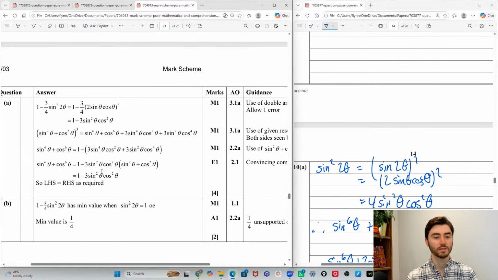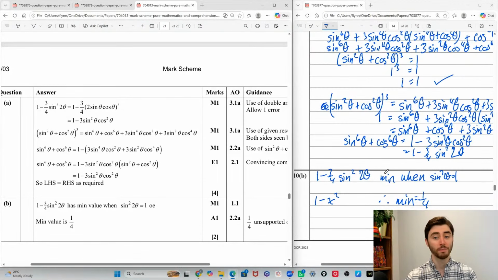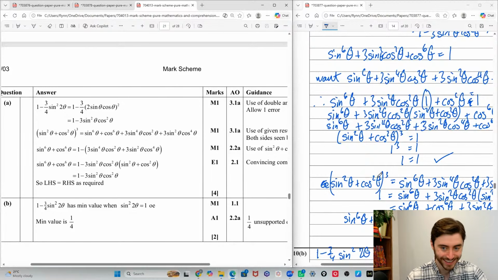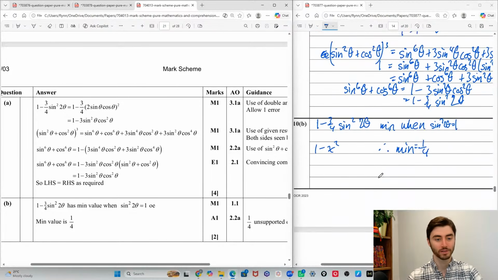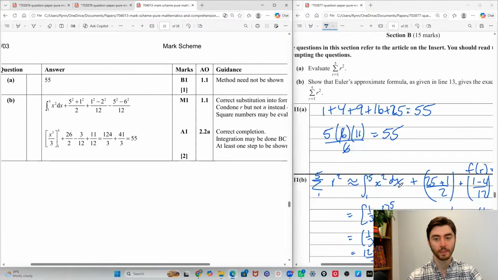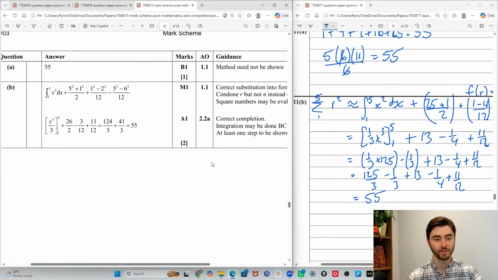So they showed that both the left-hand side and the right-hand side converge onto this value. There's just lots of ways of getting there. I did it the complicated way, and I apologize for that. As you can see, by just, bam. But yeah, it works. Minimum is a quarter for exactly the reason I said. Then 55. You run it through, you get 55.